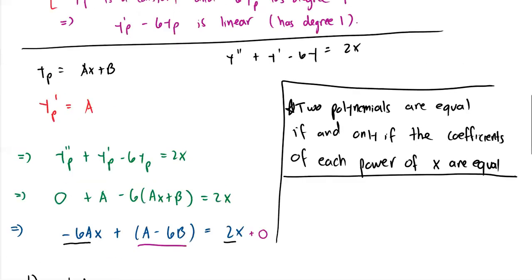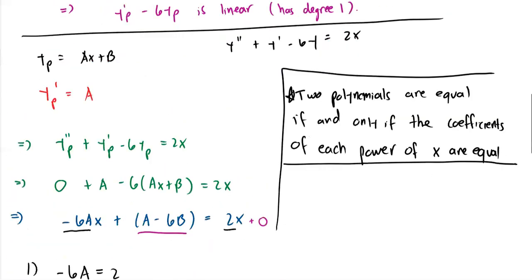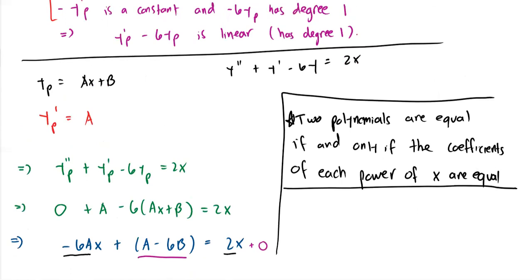Okay? So let's go back to the examples that we saw. In the first example, the function on the right-hand side was 2x, and our particular solution was ax plus b. So I'm going to write this here. In example 1, our guess for the form of the particular solution was ax plus b, and the right-hand side, which I'm going to denote by RHS, was 2x.